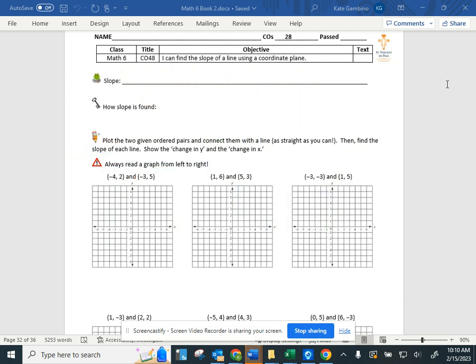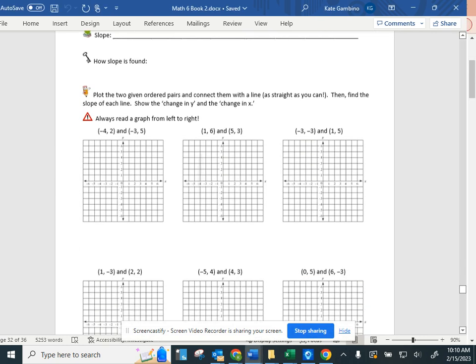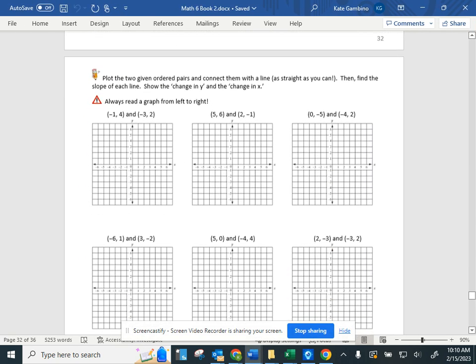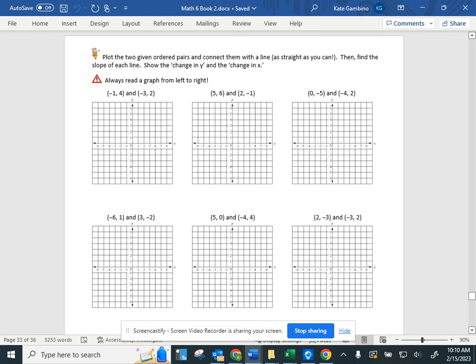It says plot the two given ordered pairs, connect with a line, find the slope. Same directions. We're doing the exact same thing on the second page.